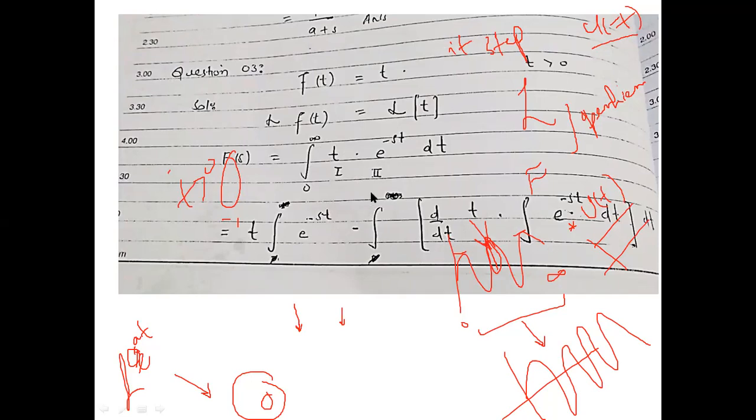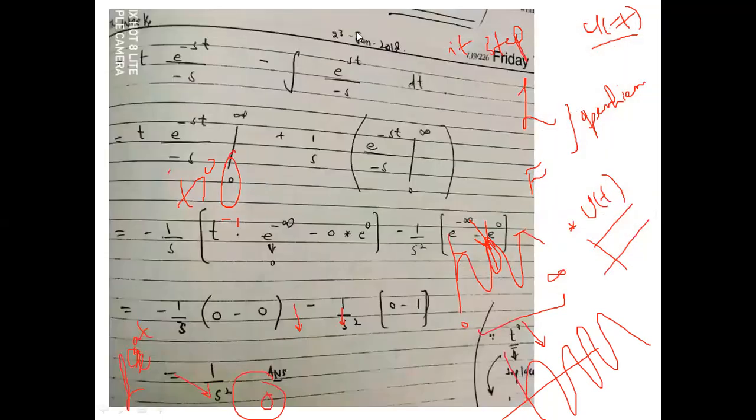In integration by parts, you have to consider as first the function which decays by applying the derivative. That is necessary. If you take it the other way around, it will go higher and higher and the answer will be endless. So take care of this.